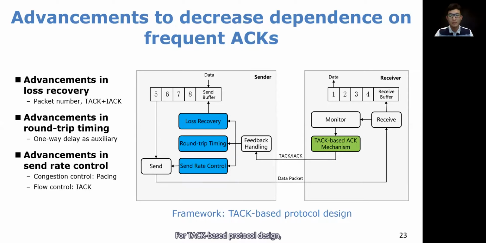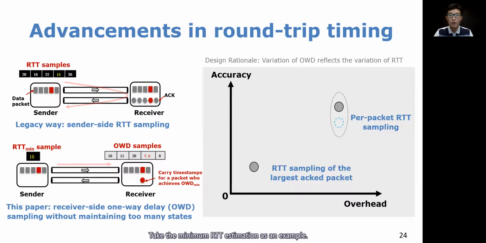For TACK-based protocol design, the advancements in loss recovery, round-trip timing, and send rate control are the key reasons that TCP's dependence on frequent ACKs has decreased. Take the minimal RTT estimation as an example. The legacy way of sender-side RTT sampling is either inaccurate or expensive.